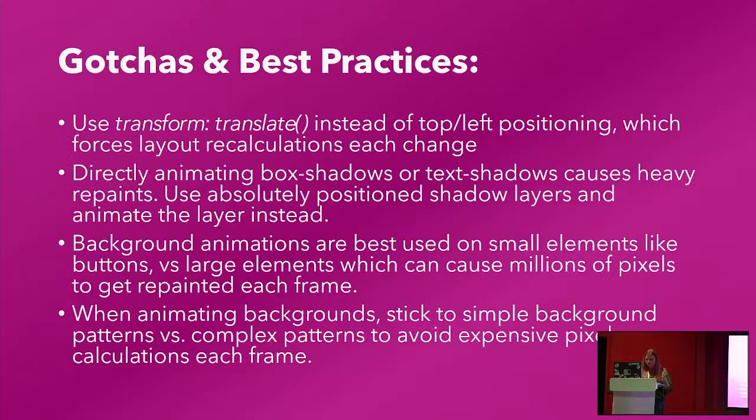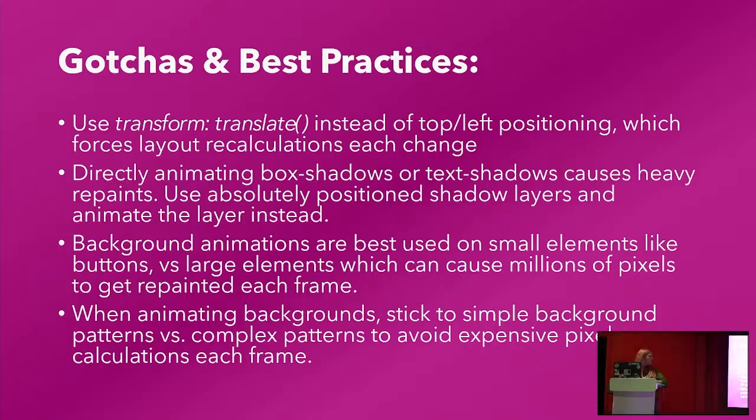All right, we kind of went over some of this. So gotchas, again, use transform and translate instead of top and left positioning. So always use those composite properties to move things around in your animations. When you directly animate things like box shadows, instead of animating your element directly, you should create, if possible, absolutely positioned elements under your parent element, and then animate those instead, so it's less resource intensive.